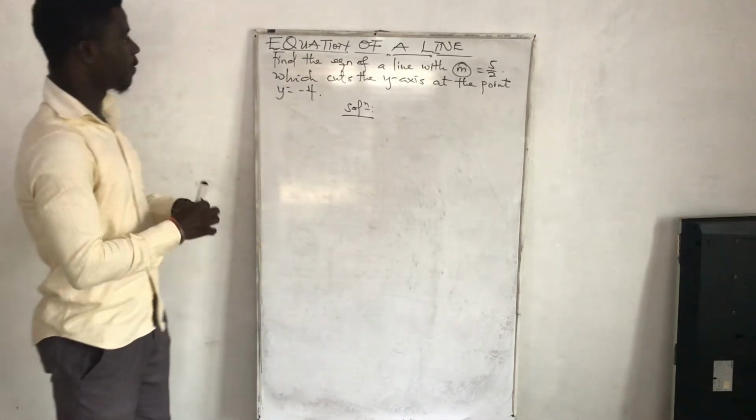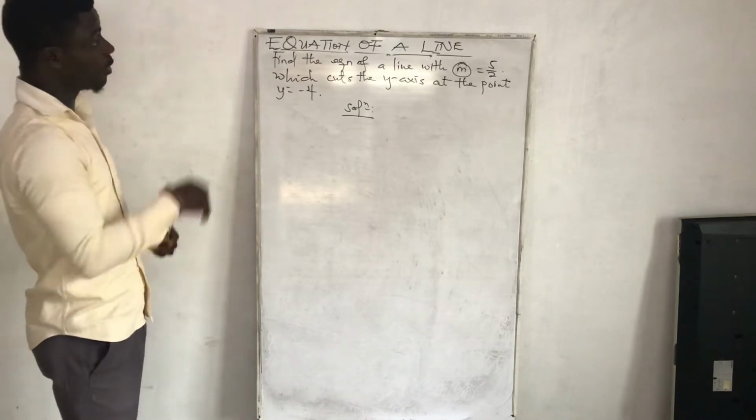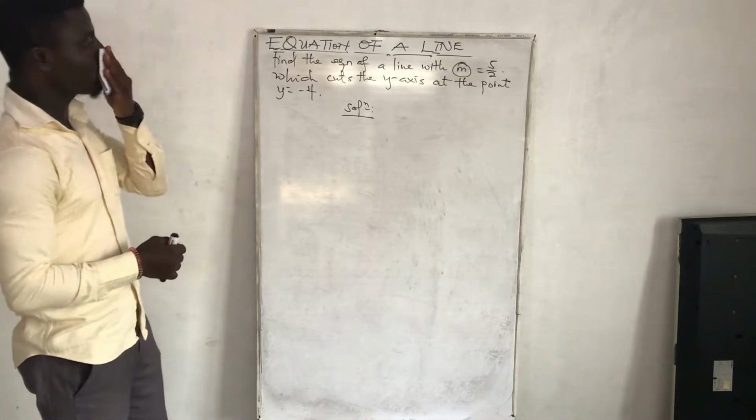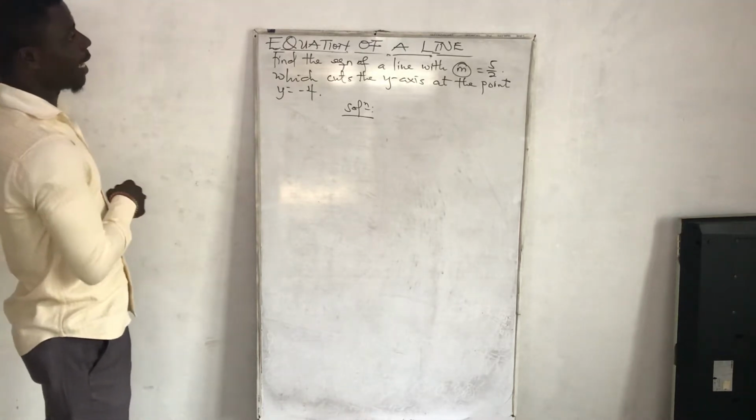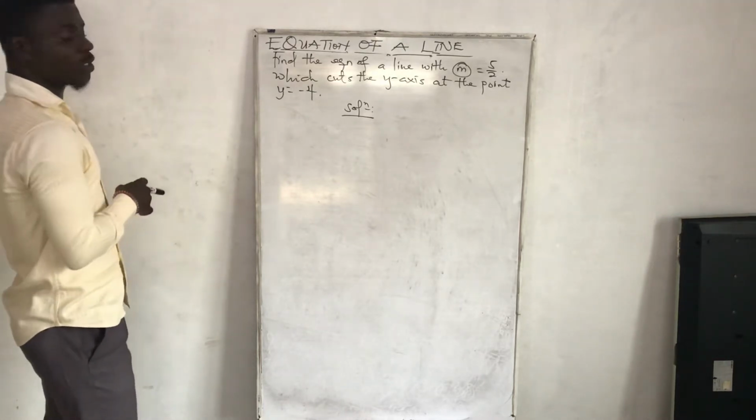So we have this. So they said you should find the equation of a line with m being equal to 5 on 2, which cuts the y-axis at the point y equals -4.